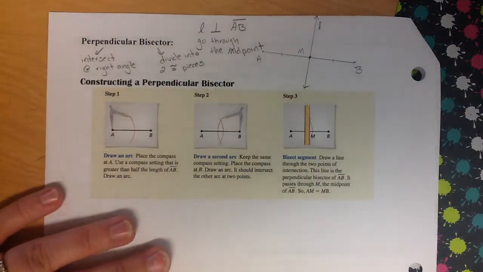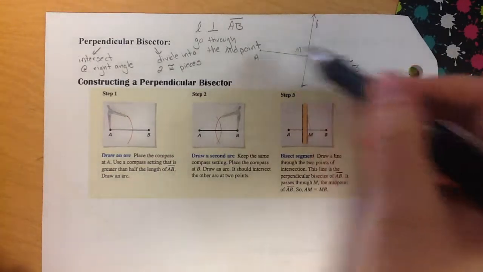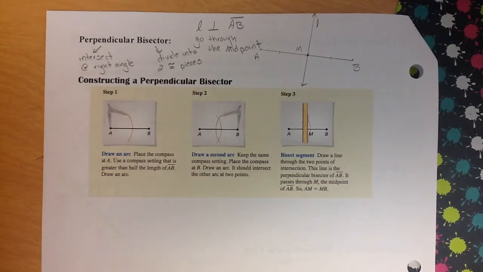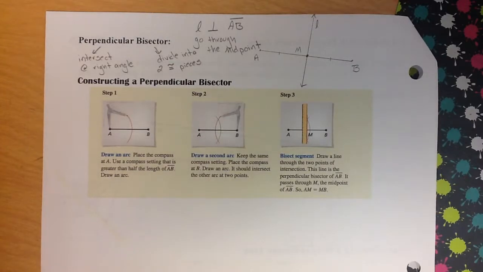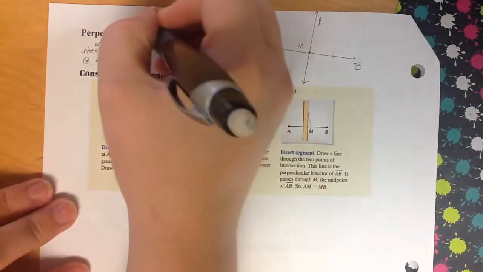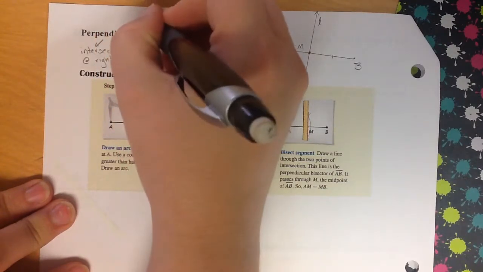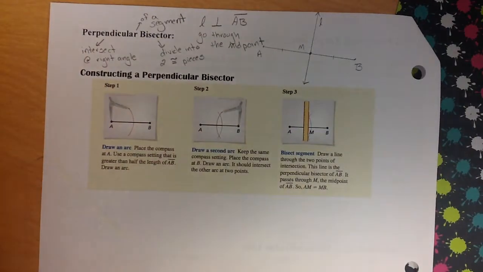So then we say that L is the perpendicular bisector of the segment. You can't bisect a line, because the line has no ends. So this is really only for a segment. So the perpendicular bisector of a segment goes through the segment at 90 degrees and divides it into 2 congruent pieces.